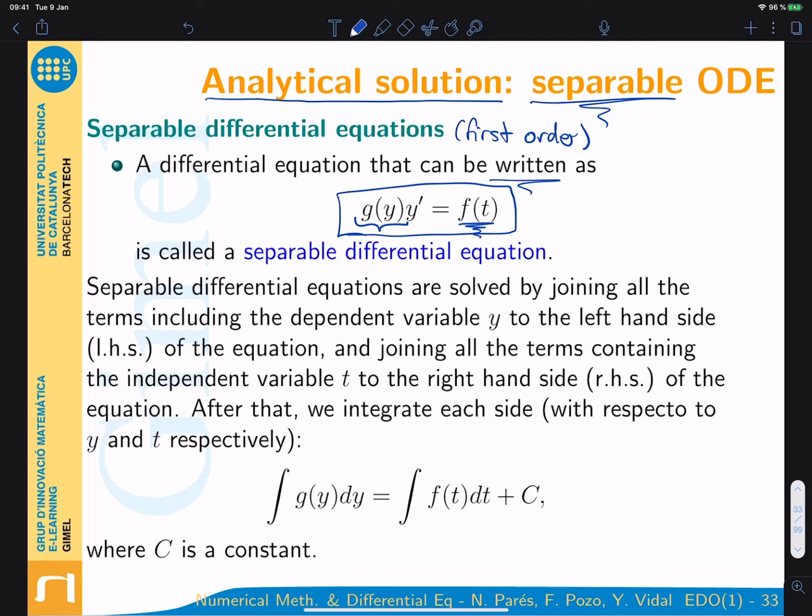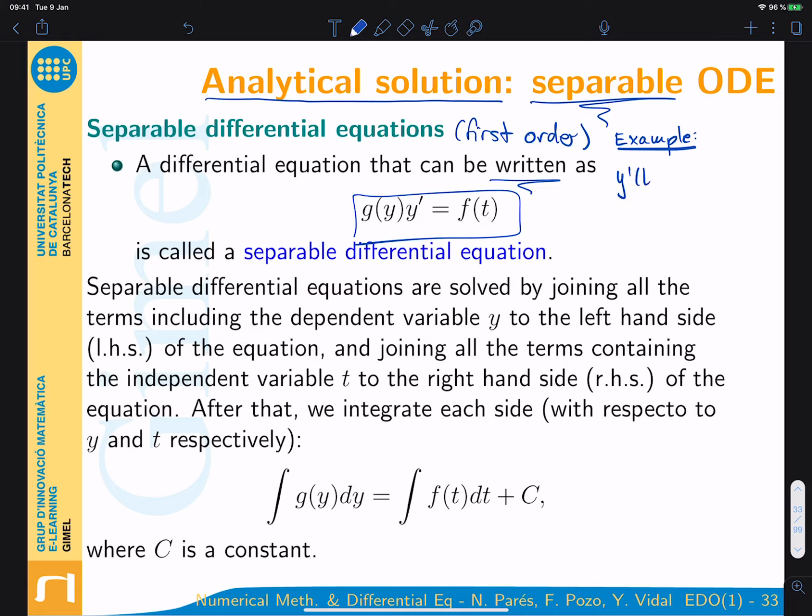Everything related to the independent variable must be written in the right-hand side of the equation. And this function g(y) is multiplying y prime. So we need to be able to rewrite the equation in this way in order to say that it is separable.